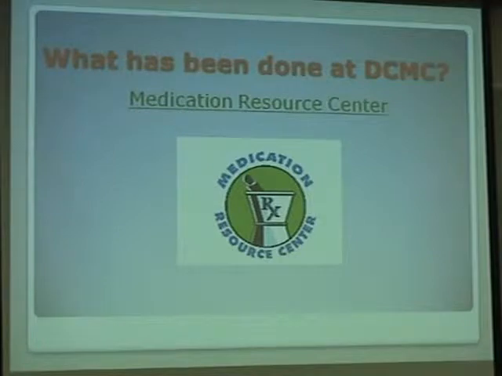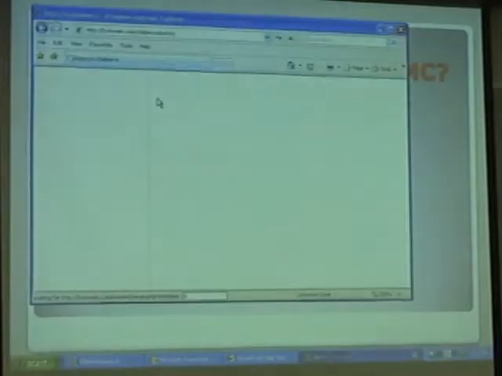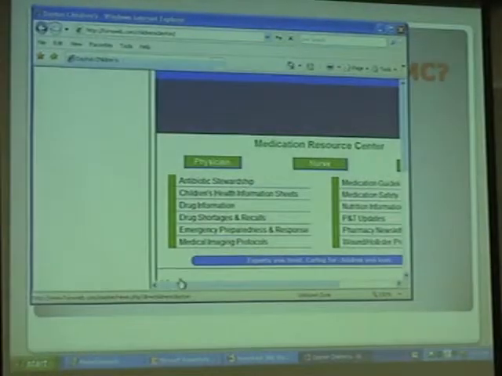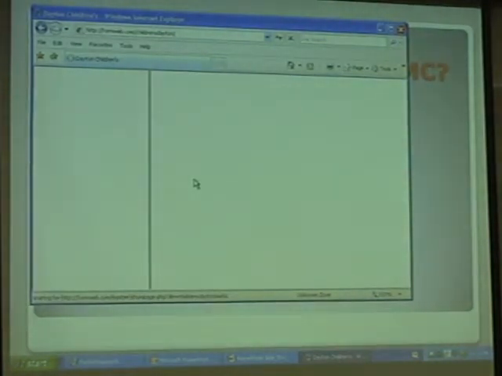And the Med Resource Center. So if this comes up ever, there is an antibiotic stewardship tab that we can go to, and we can find a lot of the IDSA guidelines for different disease states.